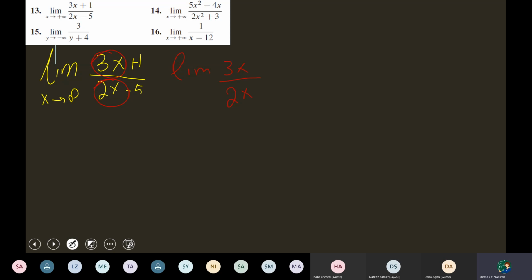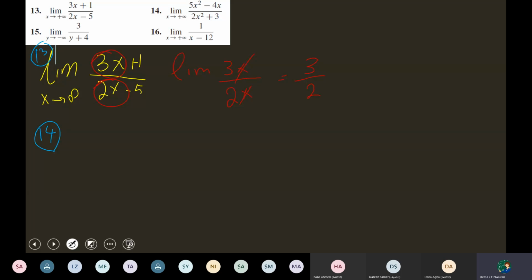As you see here, is m equal to n? Yes. So the answer will be 3 over 2. Is this clear? Yes, teacher. Okay.